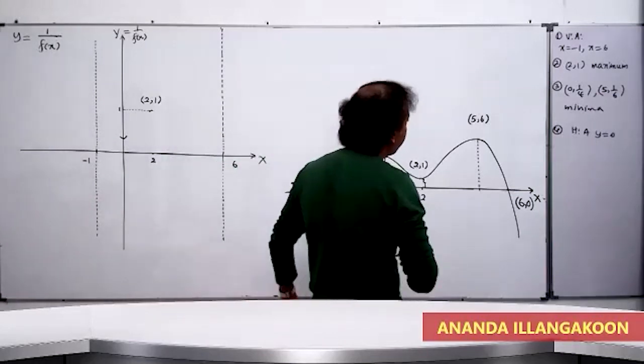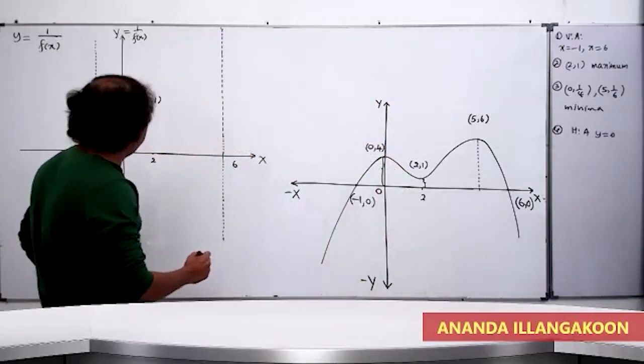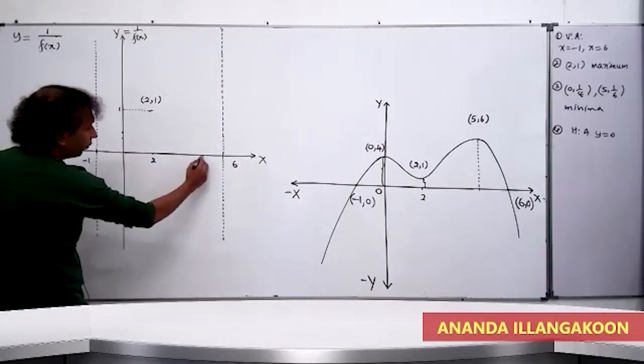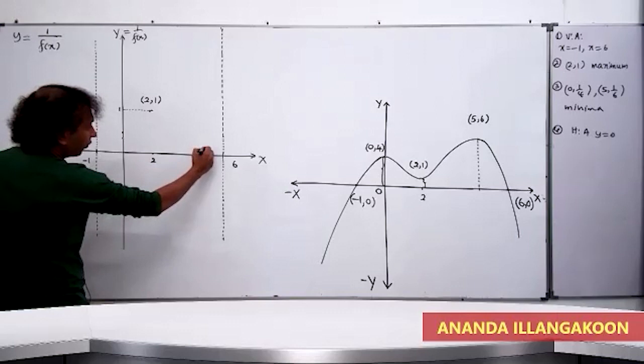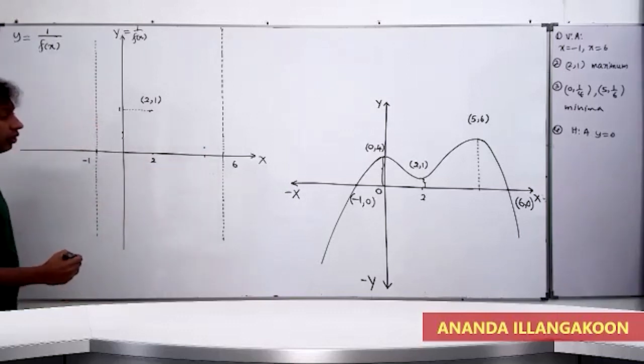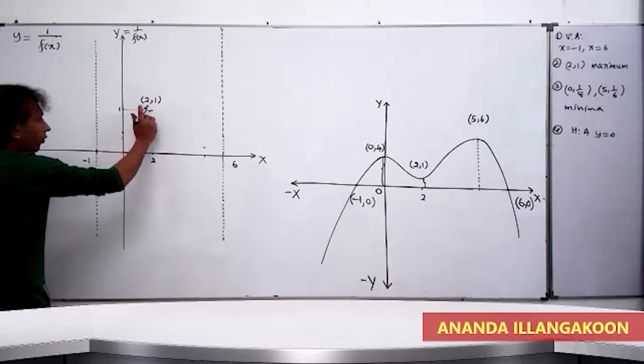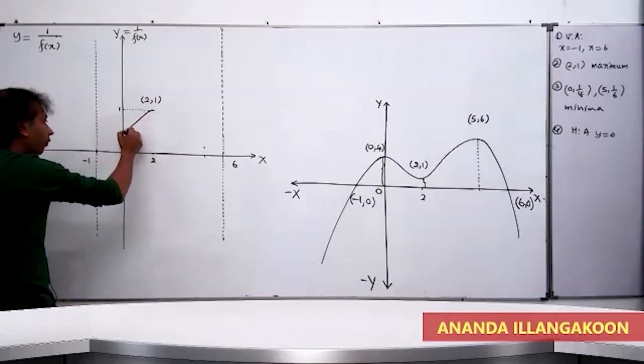5, 1 upon 6. 5 is somewhere here, no? 1 upon 6, smaller than 1 upon 4. That's the minimum. Okay. So then the graph should be like this, no? Here maxima, here minima.